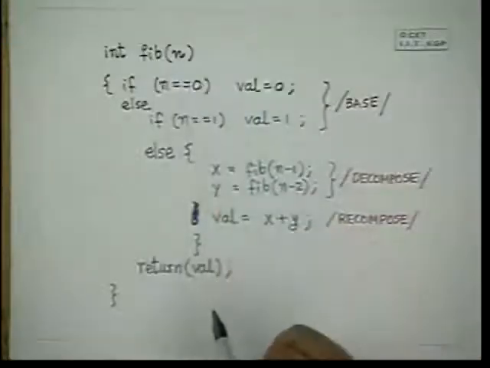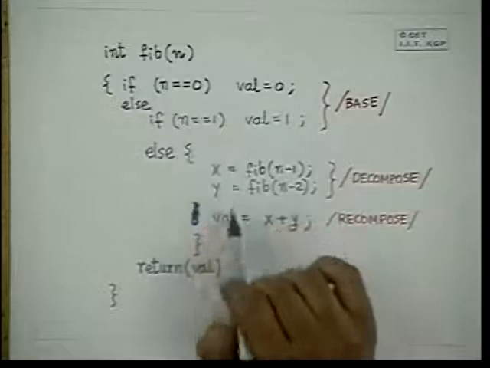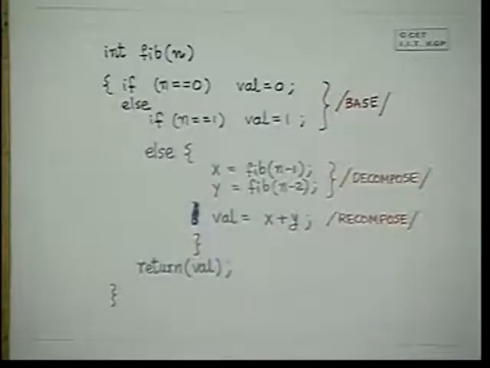Let us come to the Fibonacci number problem. In the previous two cases, we had very simple loops which we could analyze. In the Fibonacci number problem, how will we find out what is the complexity of this? Can anybody have any suggestions?